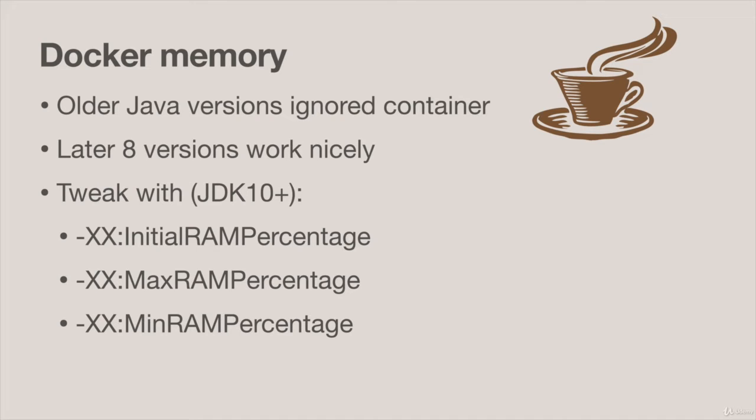Assuming that you're on a later version of Java, so the latest version of Java 8 or any version beyond that, then the JVM picks up the container memory well, and it bases its ergonomics off that. So you don't need to change any settings. However, there were additional flags added in Java 10 plus for being able to tweak the ergonomics, which you might have to do.